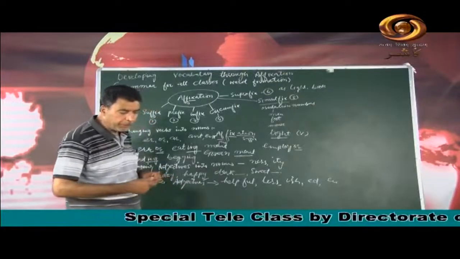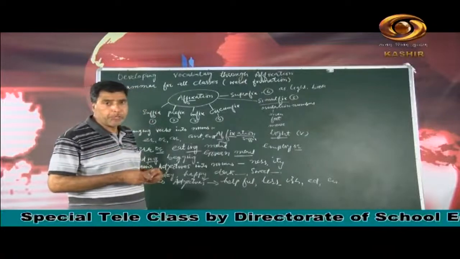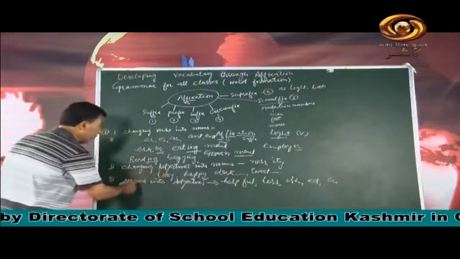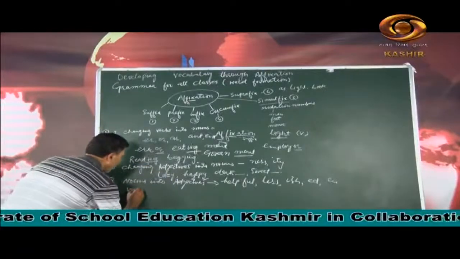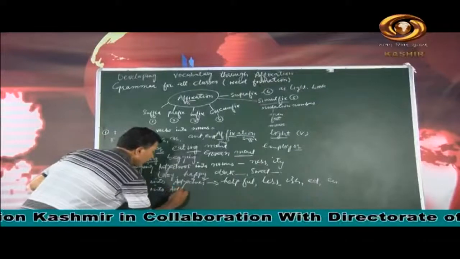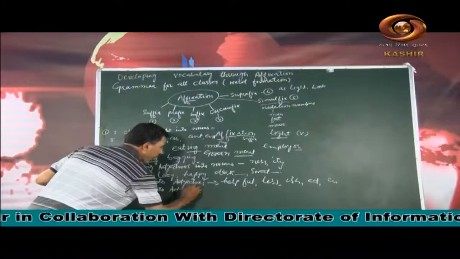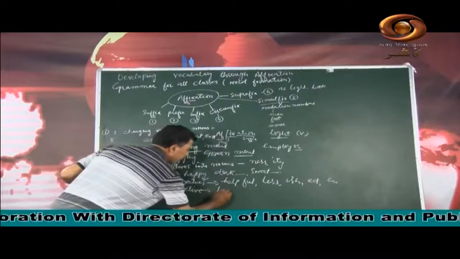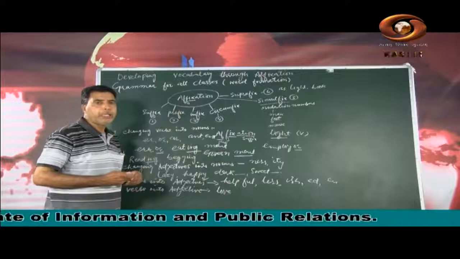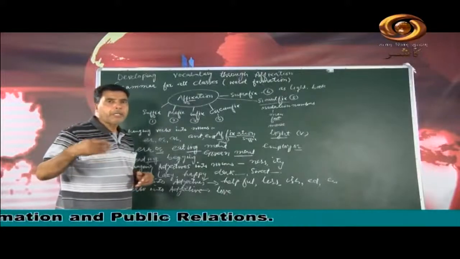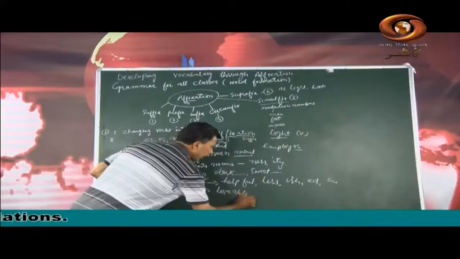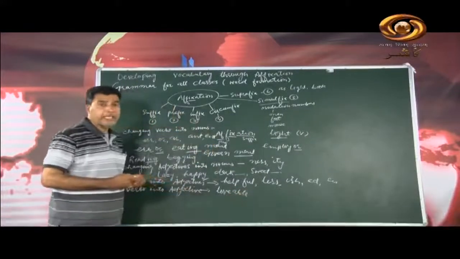Some of the suffixes change verbs into adjectives, as now nouns into adjectives. Now one more, that is verbs into adjectives. How can we form it? For example, I will write a word love. If we add a morpheme, or a syllable to it, able, it becomes another word, lovable, as an adjective.